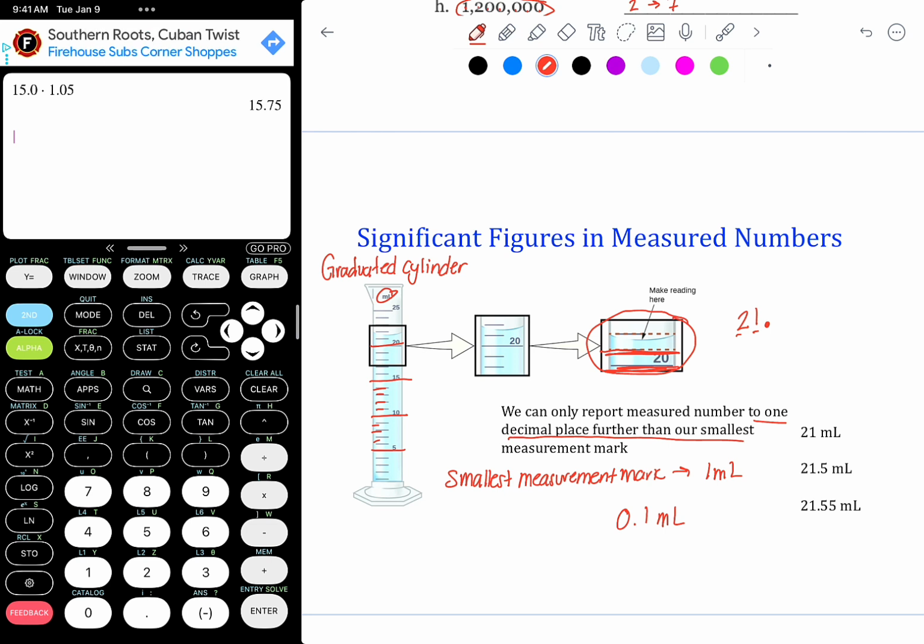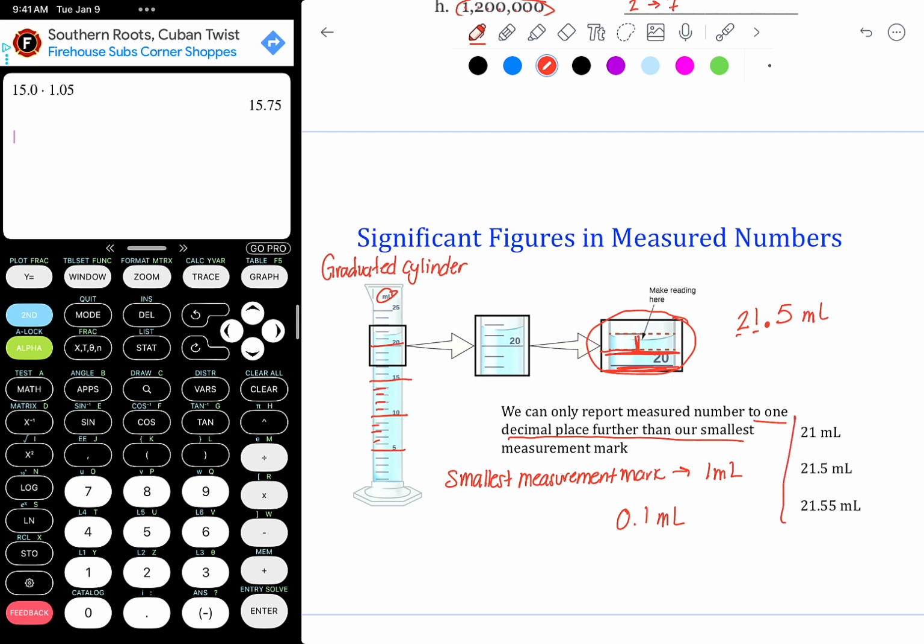I can only guesstimate 1 more number. So we look at where this liquid falls in between those 2 lines because we know it's higher than 21 but lower than 22 milliliters. So we say it could be somewhere in between, like 21.5 milliliters.